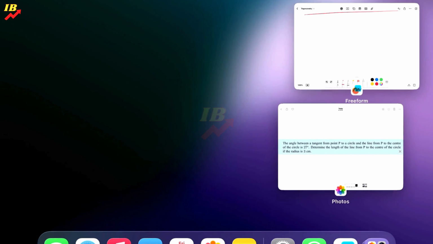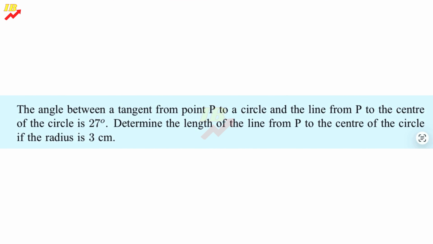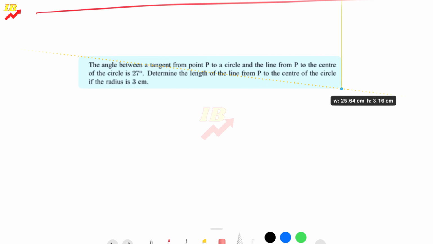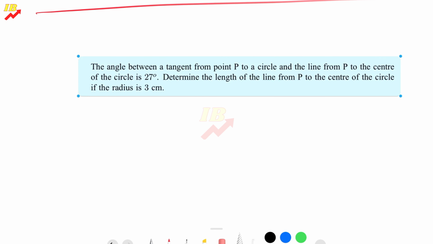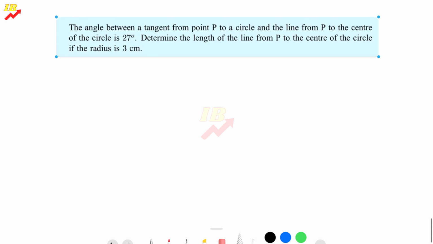Now let's try and understand with an example. I'm just copying an image for you guys, and for a better view, I'm extending this picture. I hope you can see this properly.